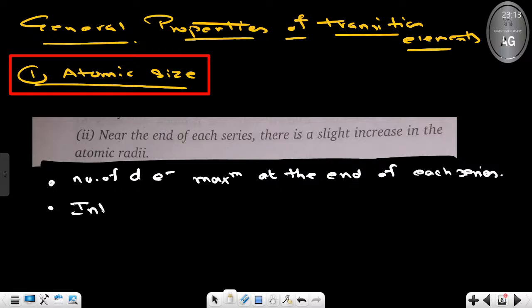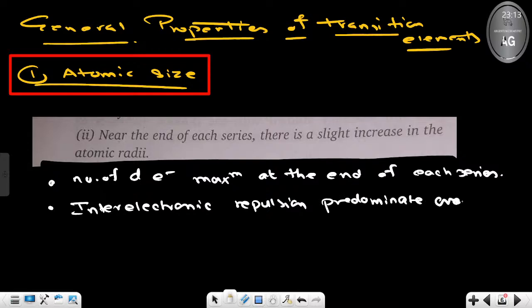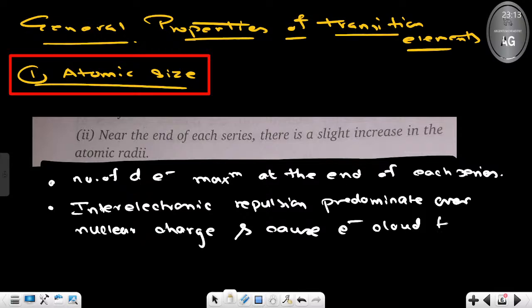Next, inter-electronic repulsion predominates over nuclear charge and causes the electron cloud to expand. Okay.